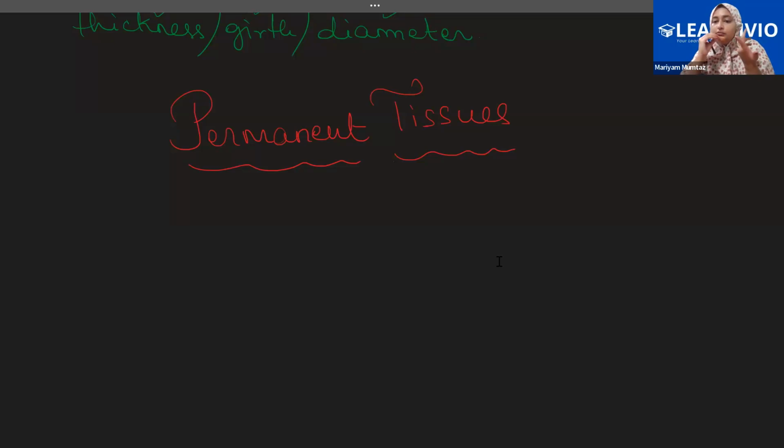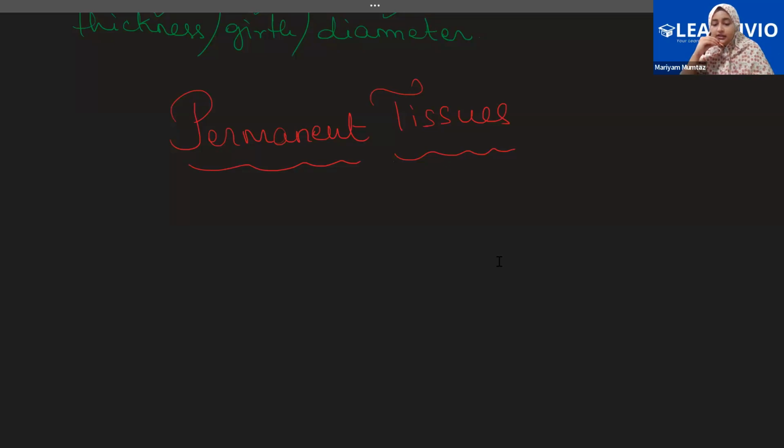Plants cannot move, so they need a lot of supporting tissues so that they can actually stand for a long period of time. So the permanent tissues originate from the meristematic tissue. Don't think that they are separate different kinds of tissues. No, they were initially the meristematic tissue only. Then they lost the property of division and they became permanent.